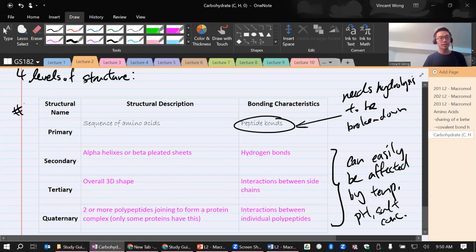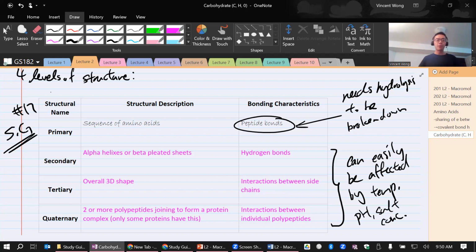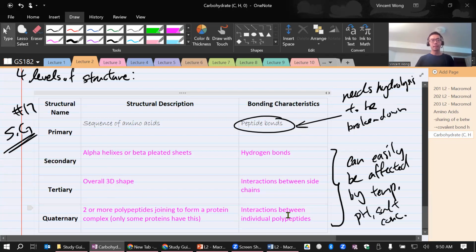This is question number 17 from the study guide. If you just heat up your stuff, you're not going to break down the whole protein. You will denature it, that's the term we use. You will unravel it, but you will still have the primary structure intact.